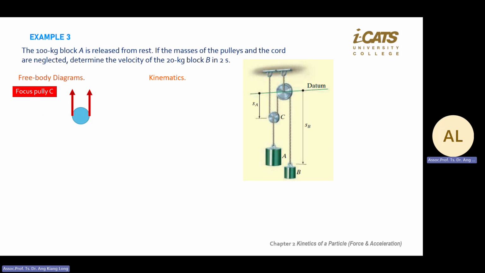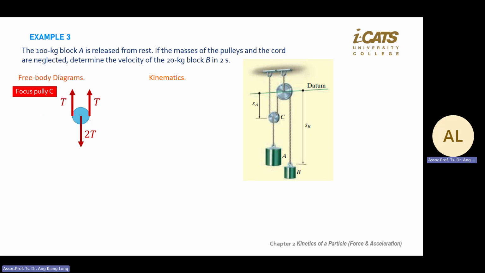So there's no mass effect on the pulley, but there's a mass effect on A and B. So you look at the pulley and you imagine yourself as a pulley, and what do you feel? You feel 2 forces pulling up, and then A is pulling you down. This is the full free body diagram for pulley C.